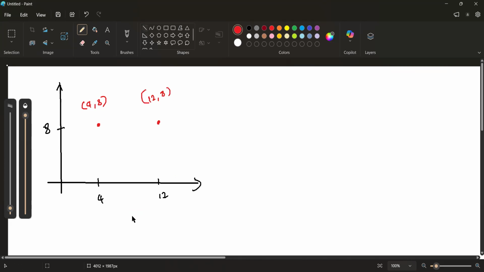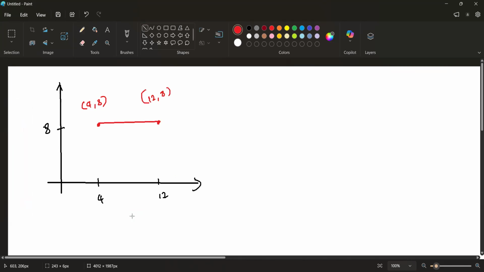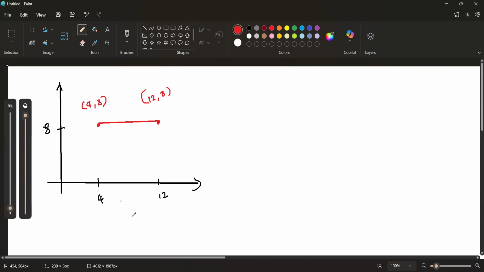What is the middle place here? Straight, 4 and 12, they have the same 8 points. So what is the middle one? It should be 8, 8. There is no change in 8, only 4 and 12 are changing.